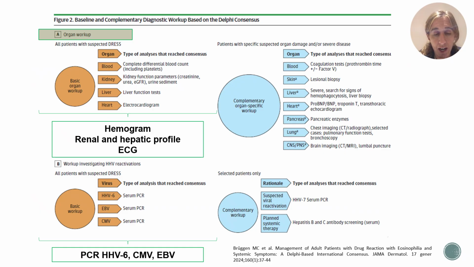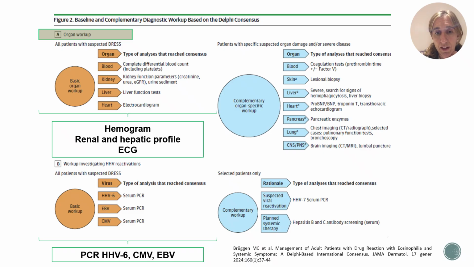Also, there are baseline and complementary diagnostic workups for DRESS. This is a report from 2024 on a Delphi consensus, in which the recommended organ workup is the hemogram, the renal and hepatic profile, and the electrocardiogram, and also PCRs for the more commonly involved viruses.